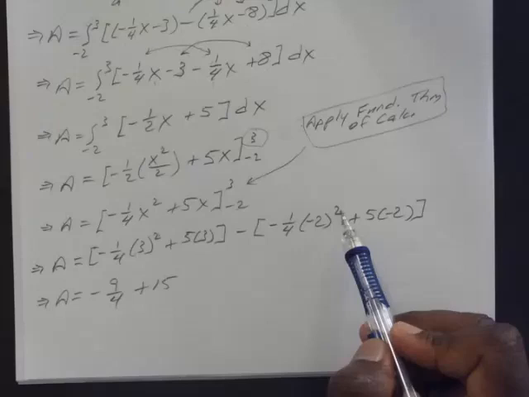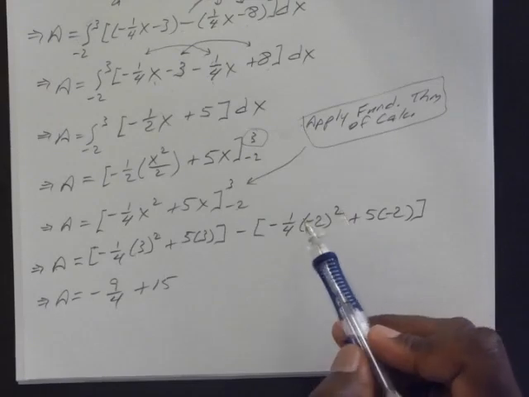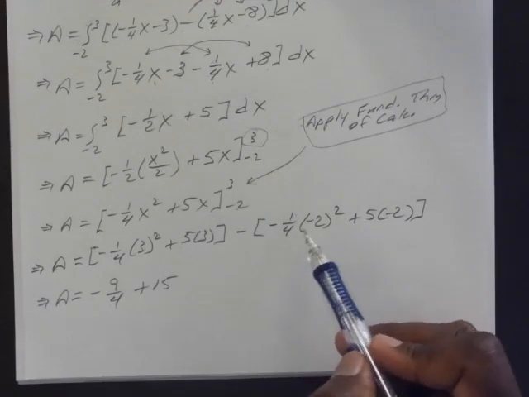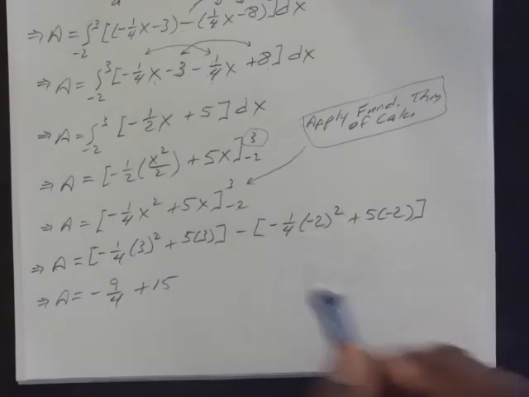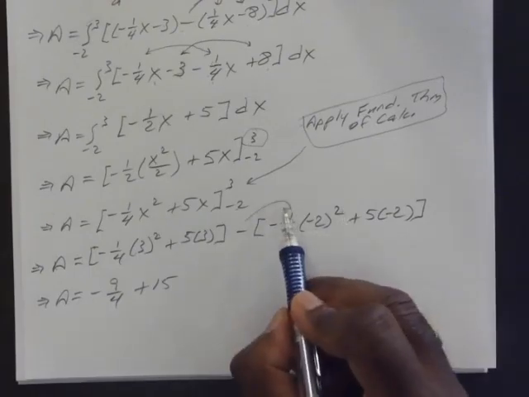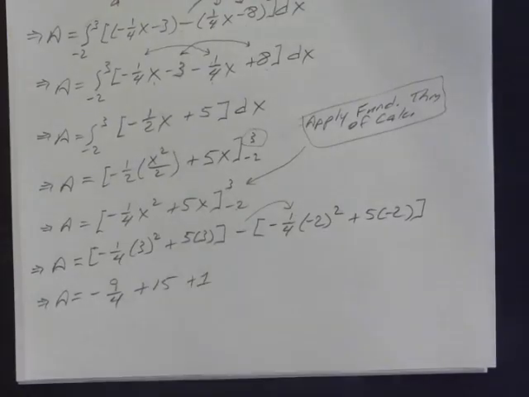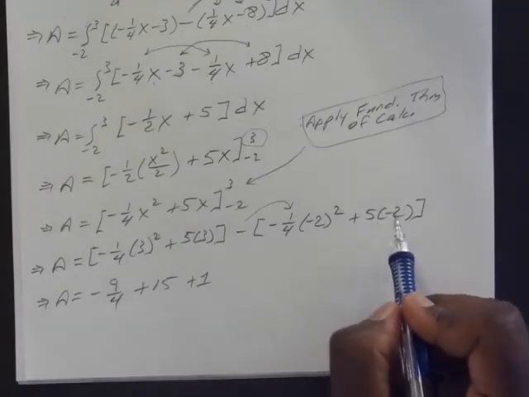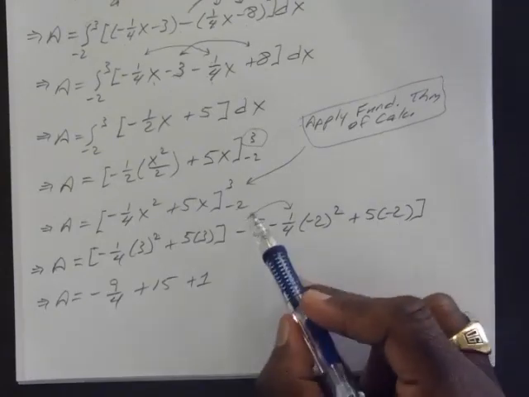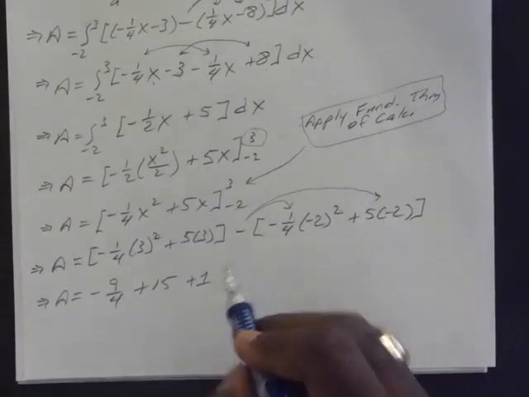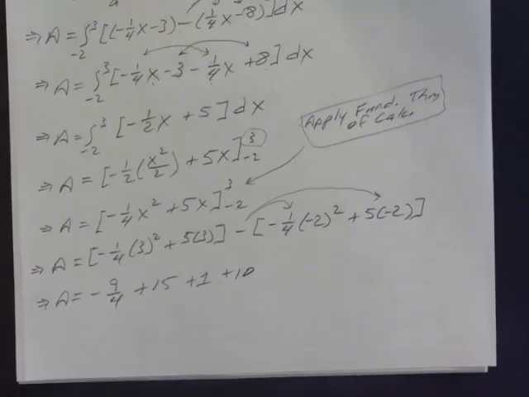Minus, we have negative 2 squared, which is positive 4. Negative 1/4 times positive 4 is negative 1. But as soon as we distribute that negative, it becomes positive 1. Five times negative 2 is negative 10. But as soon as we distribute that negative, it becomes positive 10.